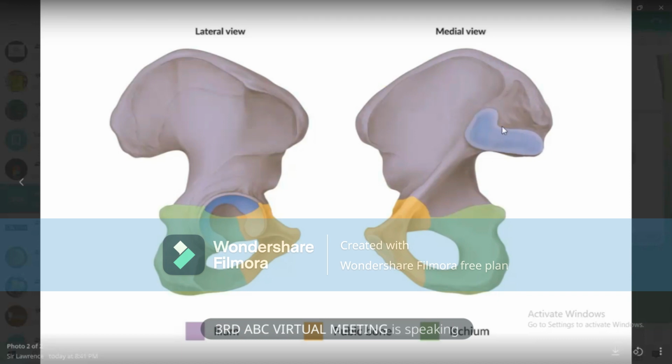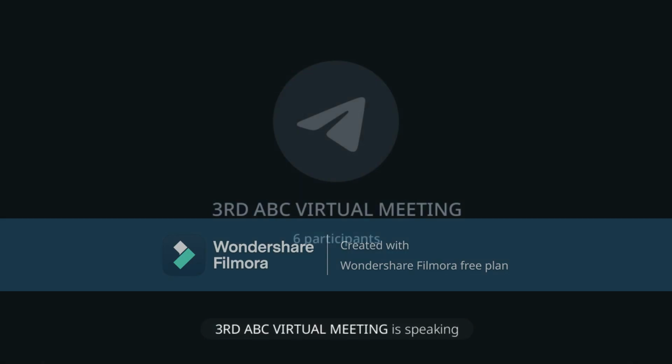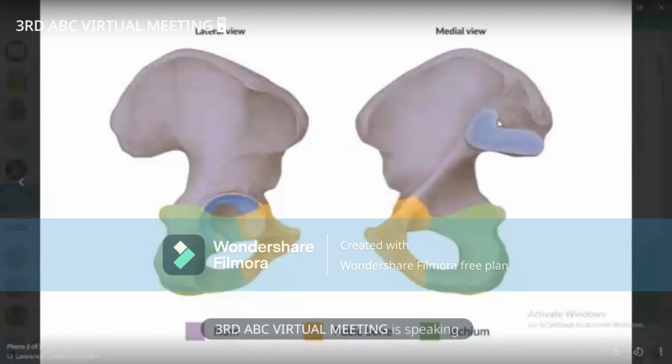So if you notice here, the ilium has this area here that articulates with the sacrum to form the sacroiliac joint. This is called the auricular surface, and the iliac tuberosity.